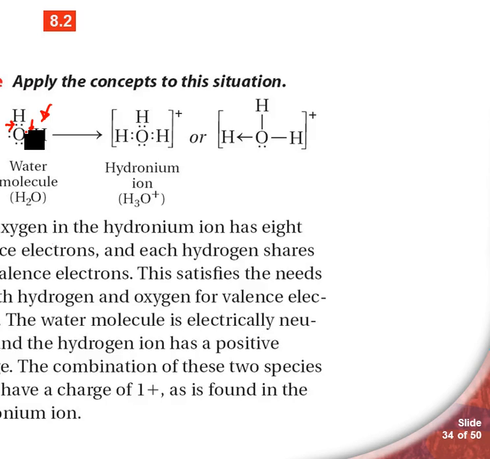Now, to get to a hydronium ion, we take this hydrogen and share a pair of electrons off the oxygen with it, and we form a coordinate covalent bond. So, if you did the Lewis dot structure, it would look like this. If you drew the coordinate covalent bond in a structural formula, it would look like this. So there's an arrow. Questions? Yes. Yeah, we'll do some more.